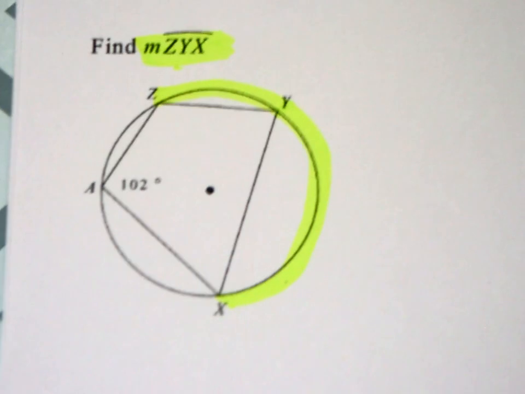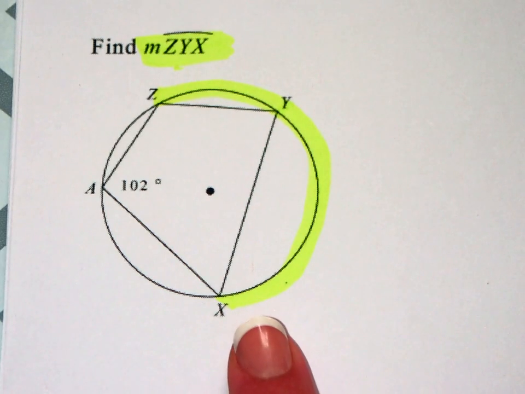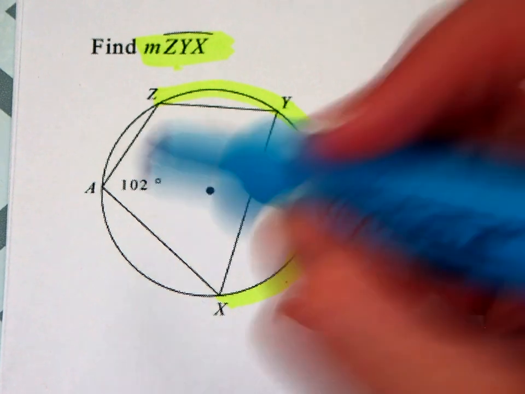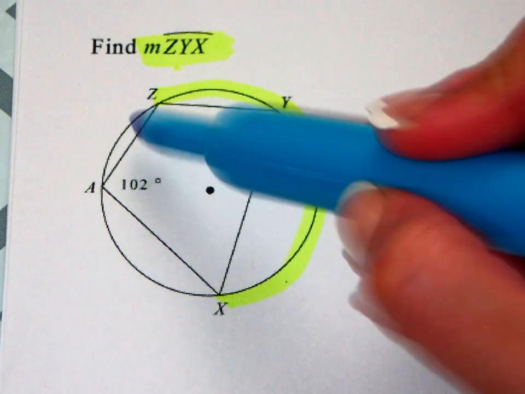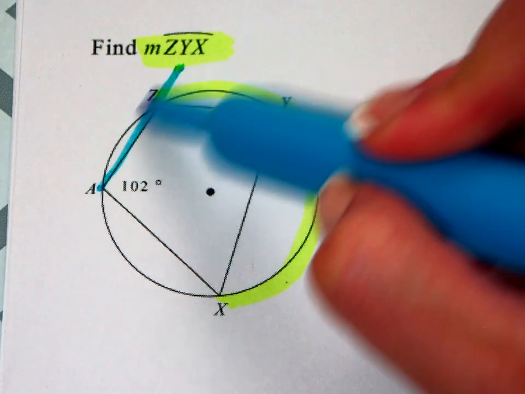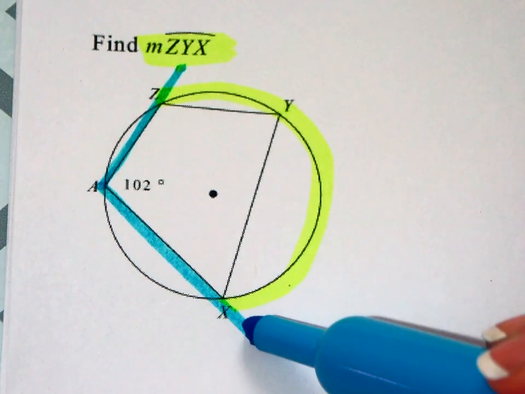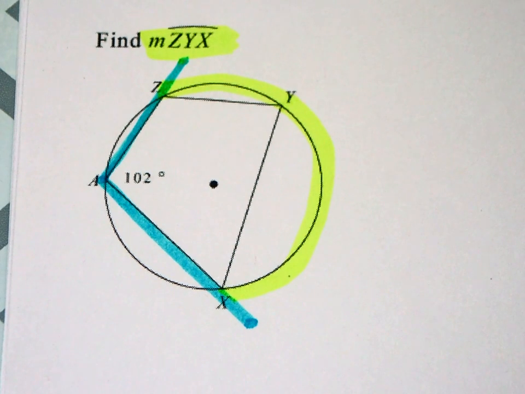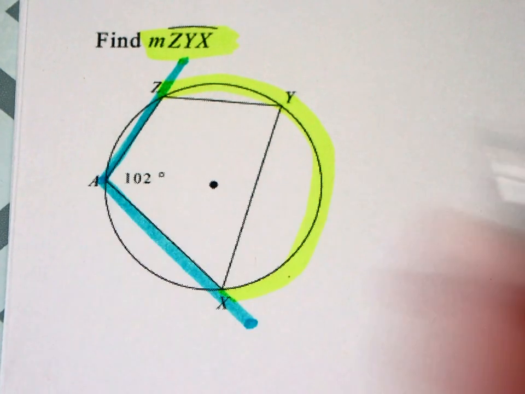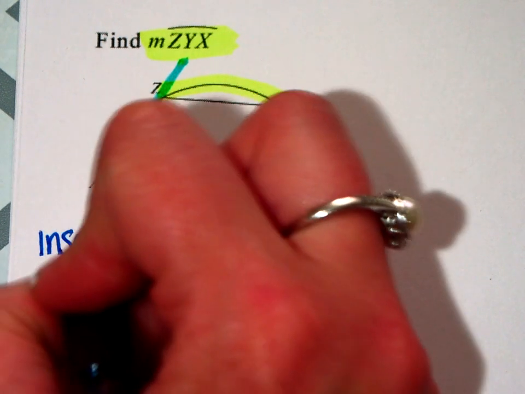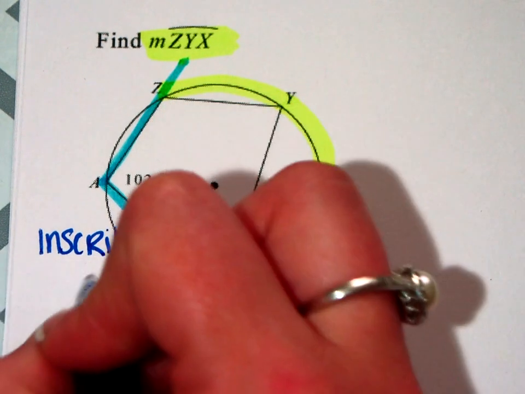The next thing I'm going to do now that I've identified the piece I'm trying to find is trace the only piece of info I have. I only have this 102. If I trace the 102 degree angle out, I notice that its vertex is located on the circle, which means that this is an inscribed angle.